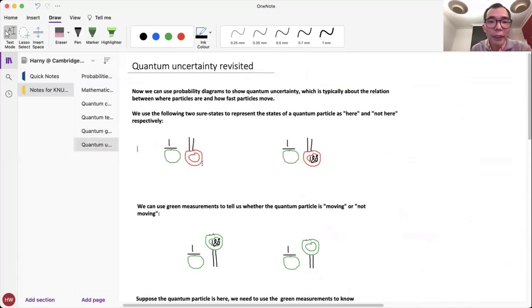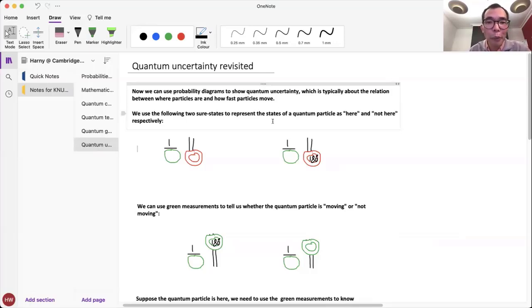So finally, we can look again at the quantum uncertainty. So typically, when we hear about quantum uncertainty, a very typical case is about the relation between where quantum particles are and how fast the particles move. That's the relation between these two, right?